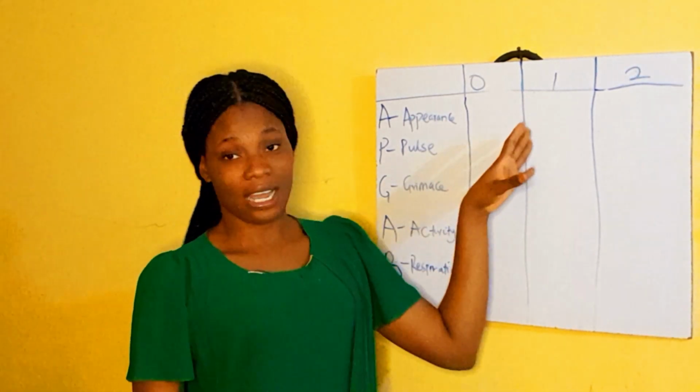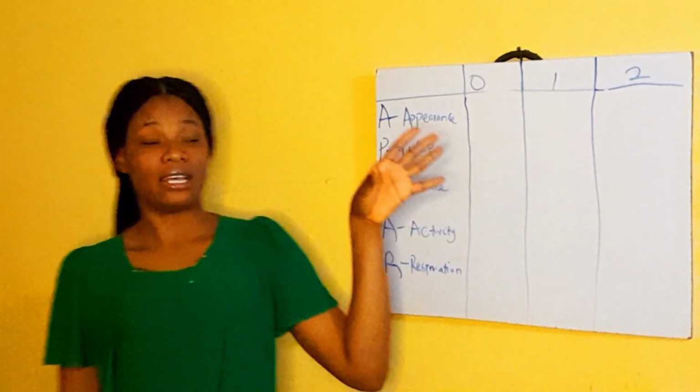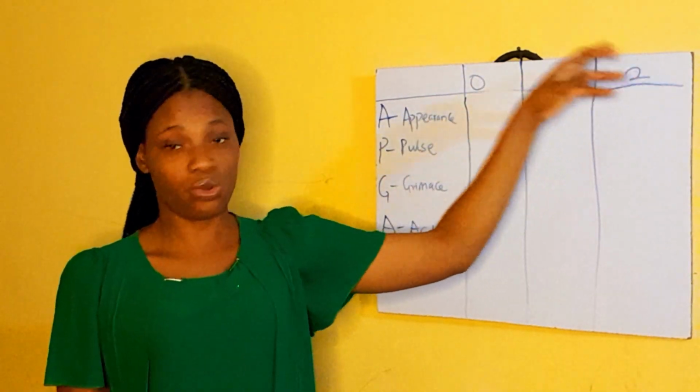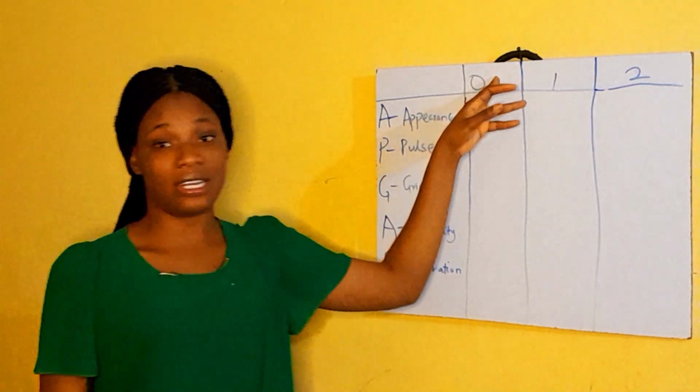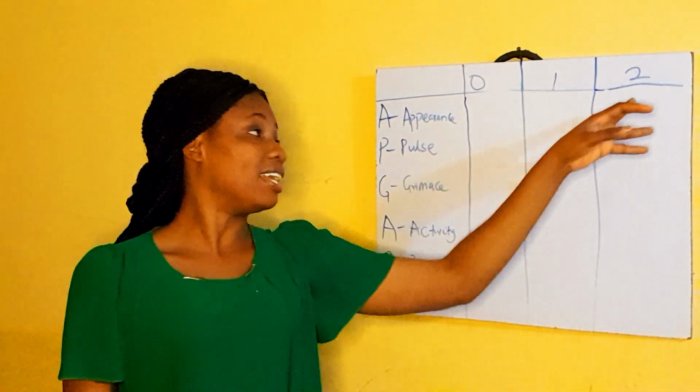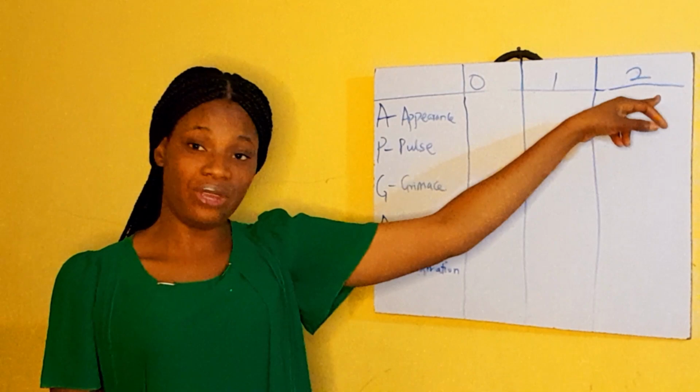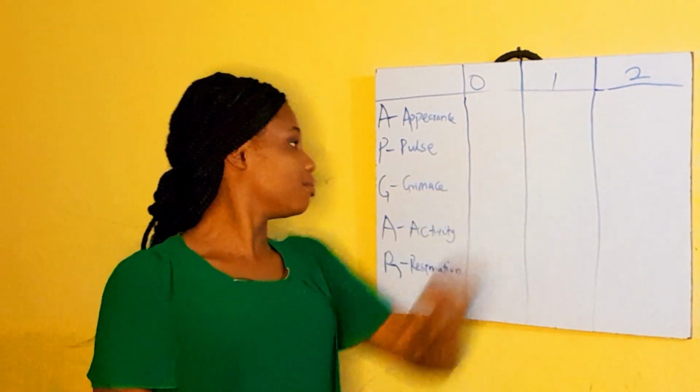The APGAR score ranges from 0 to 2, with 0 being the poor APGAR and 2 being the best APGAR.